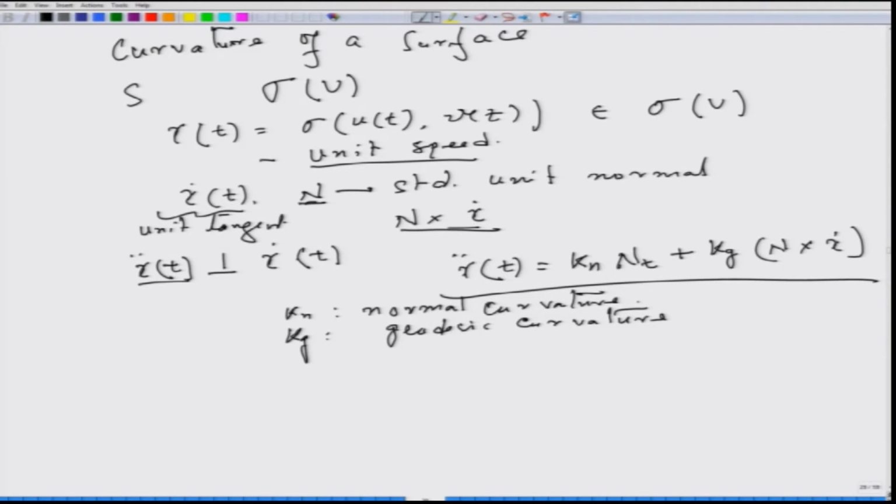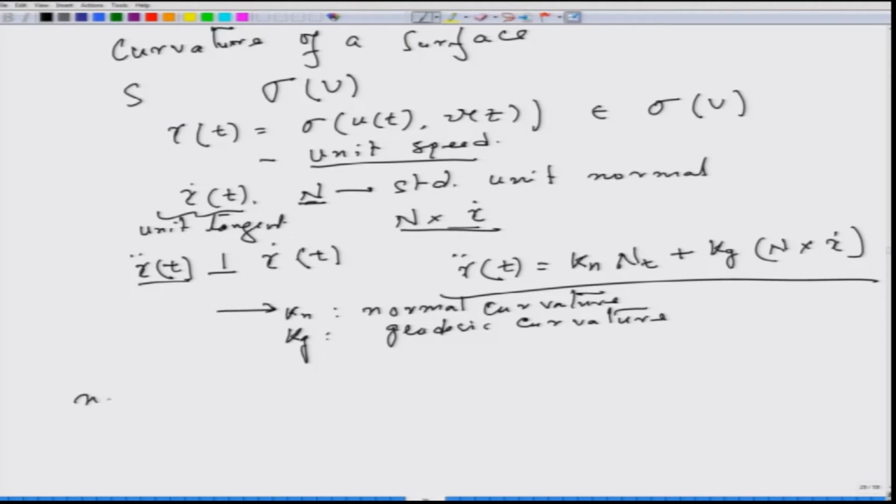We will see what the geometric interpretation of these two is. In the next few lectures we will be concerned with normal curvature, and then when you introduce geodesic curvature, you will see its geometric meaning.